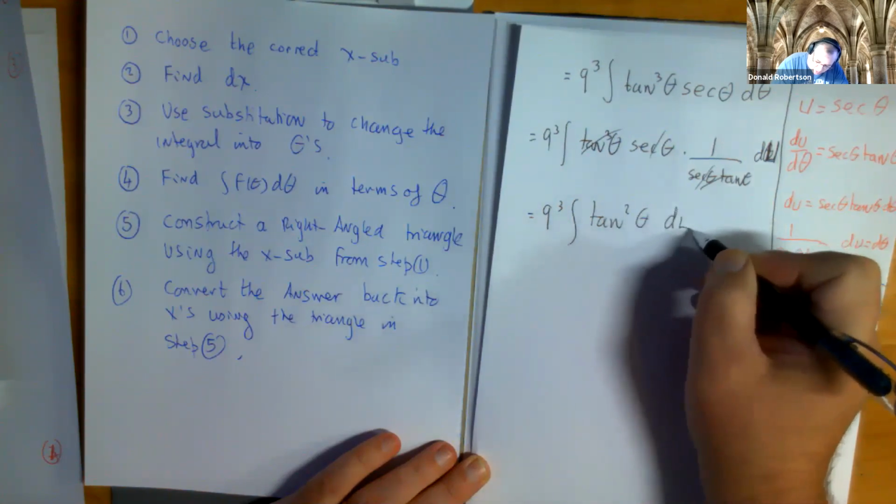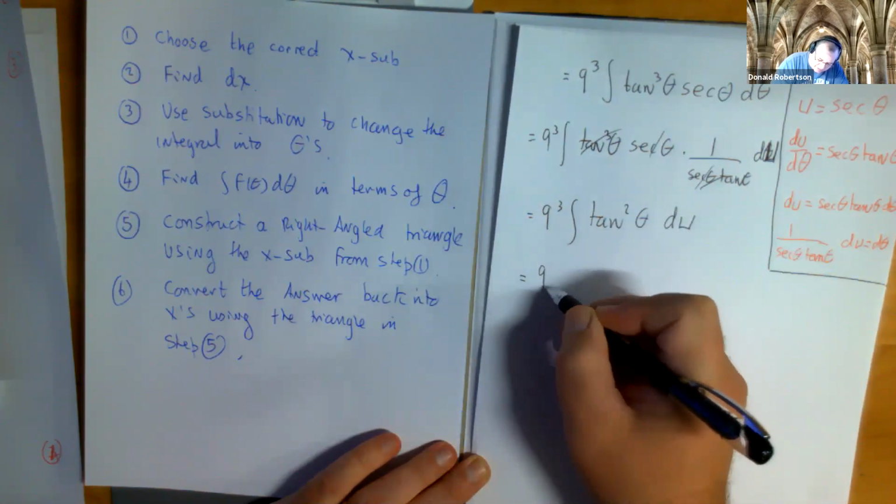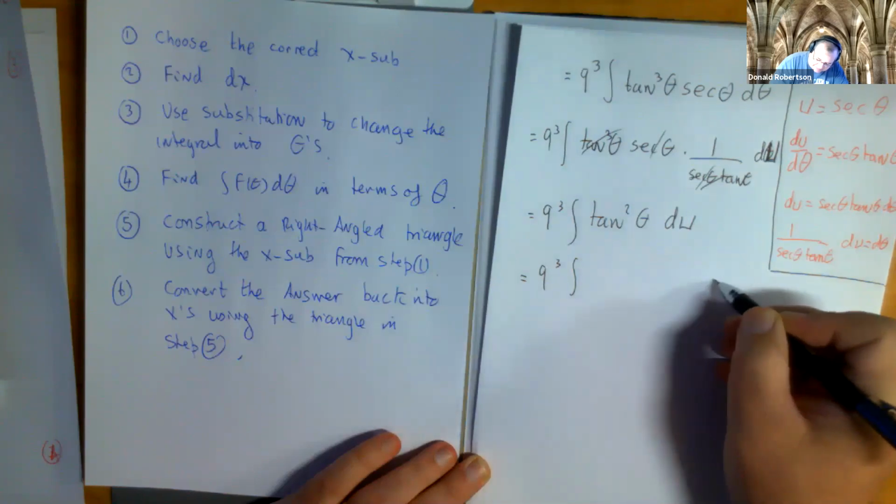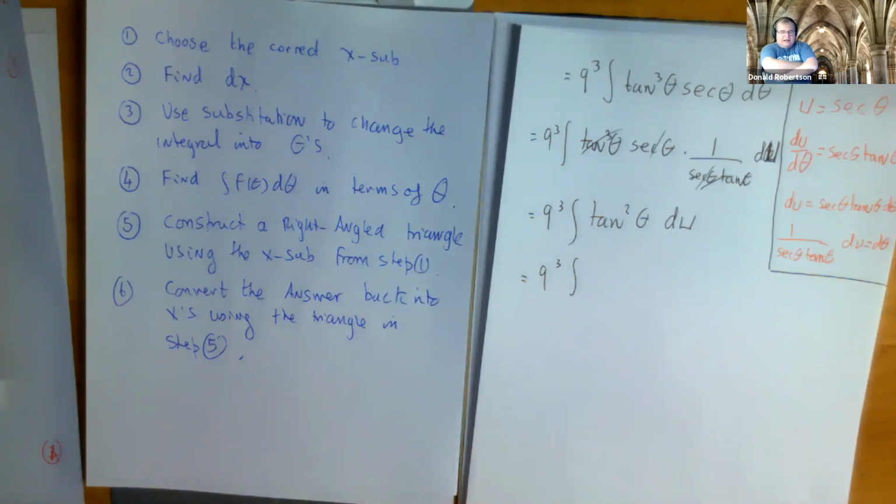And, uh-oh. I have a tan squared, an orphan. Don't we have to figure out how to turn tan squared into U's? And the only way that's going to happen is if I can turn tan squared into something to do with secant squared.